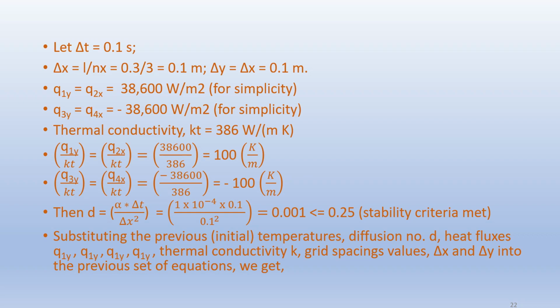The diffusion number D equals alpha times delta T over delta X squared, which is equal to 0.001, which is less than 0.25. So we meet the stability criteria. Let us now substitute the initial temperatures, the diffusion number D, heat fluxes, the thermal conductivity, and grid spacing values delta X and delta Y into the previous set of equations.